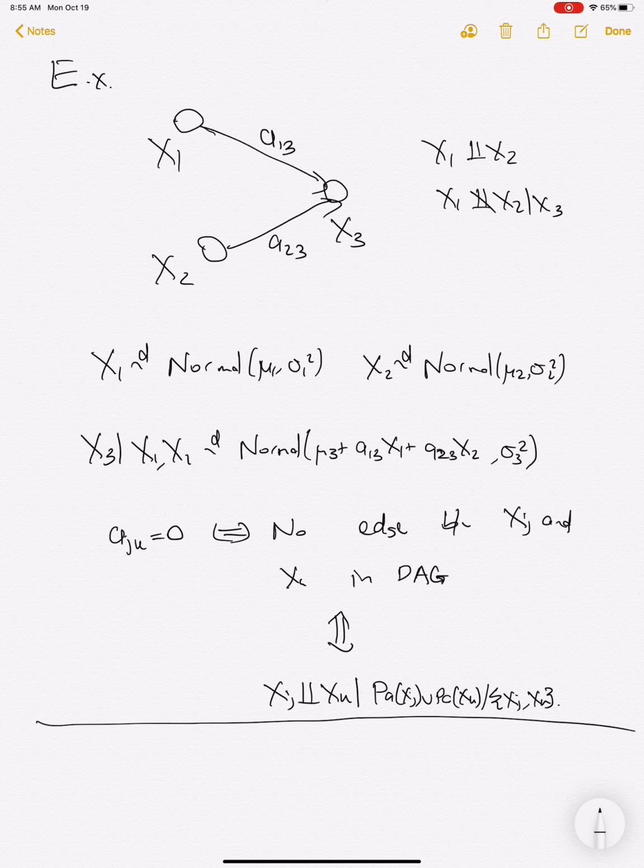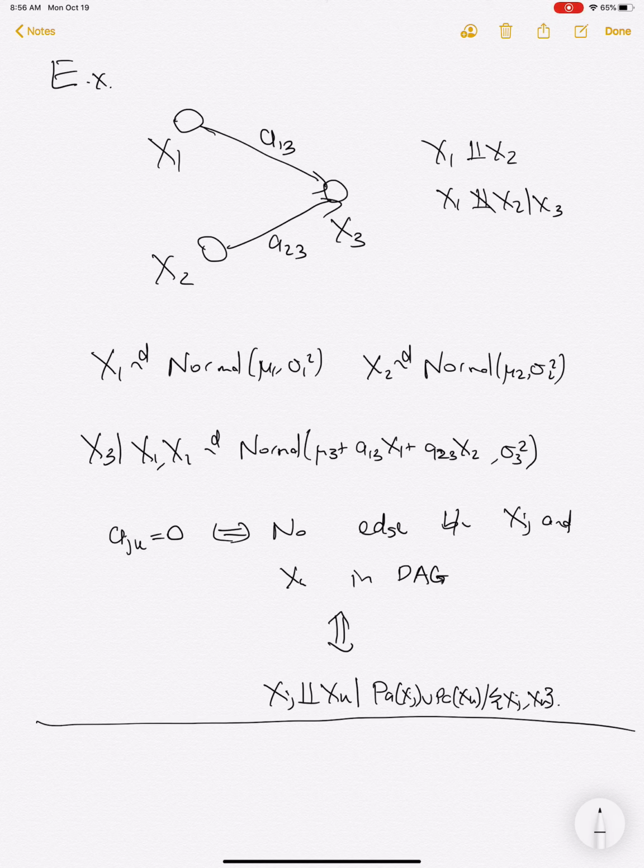And x3, because it has the two parents x1 and x2, has a conditional distribution given by mu3 plus the influences of x1 and x2. And so there's a very nice relationship between the parameters A and the graph structure, because if a_jk is equal to zero, this means that there's no edge between xj and xk in the DAG.